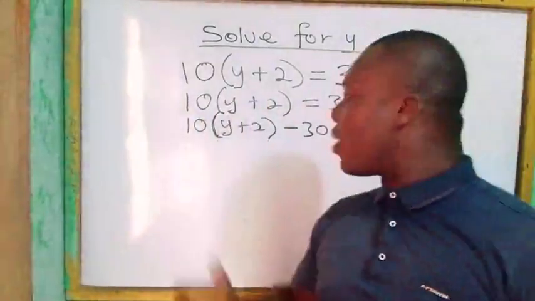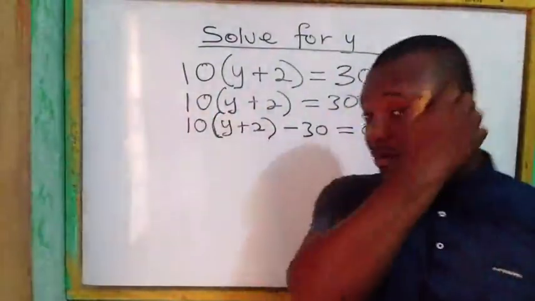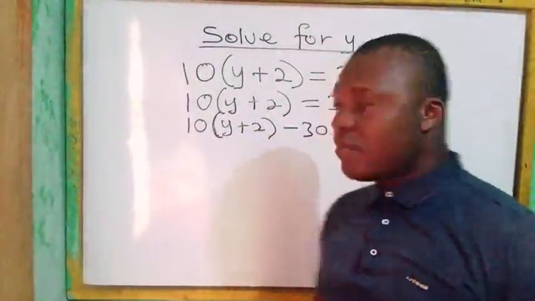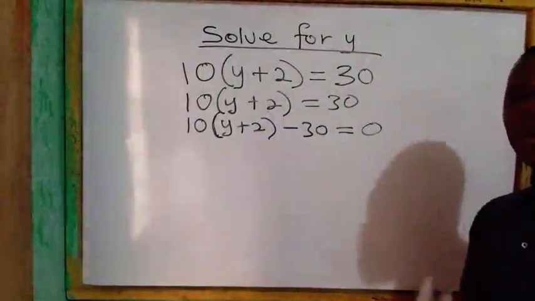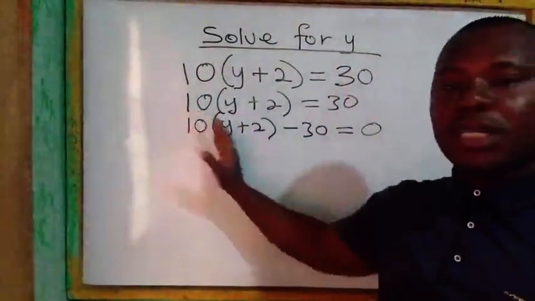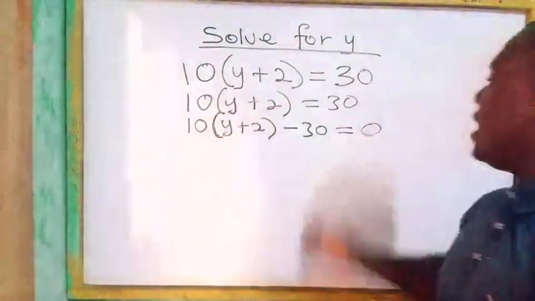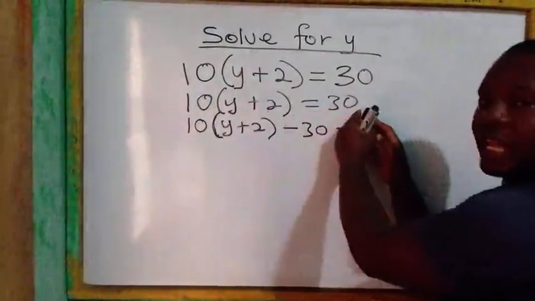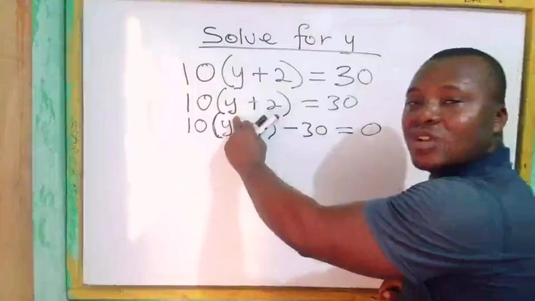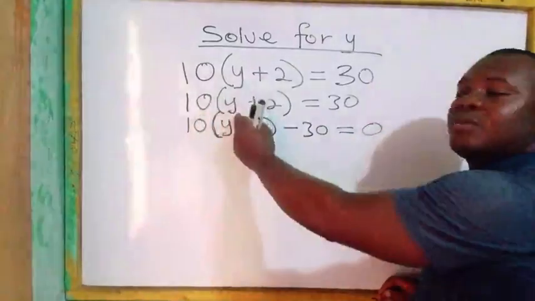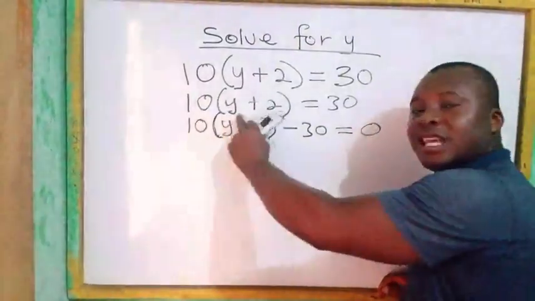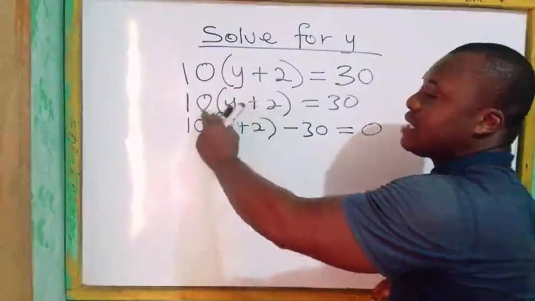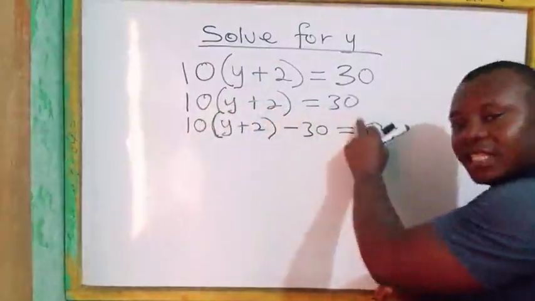When you look at this carefully, 10 bracket open y plus 2, the y that we are looking for, when we get it, we'll multiply this 10 to this y plus this 10 multiplied by this 2. What it means is that this amount is equal to 30. So when we multiply 10 times the number we are looking for, which is the variable, plus 10 times 2, we'll get 30.